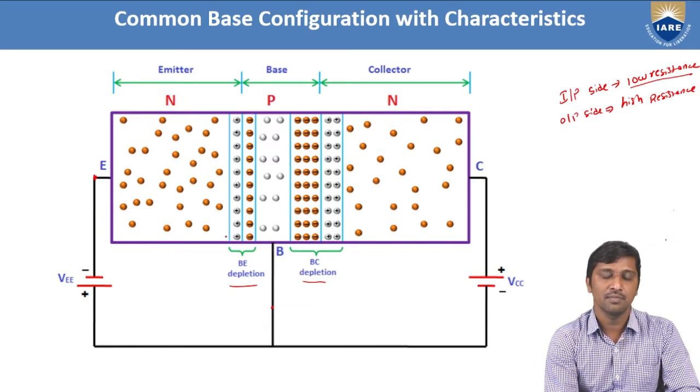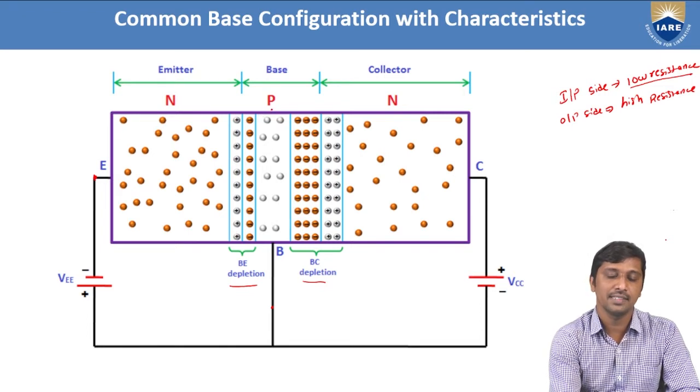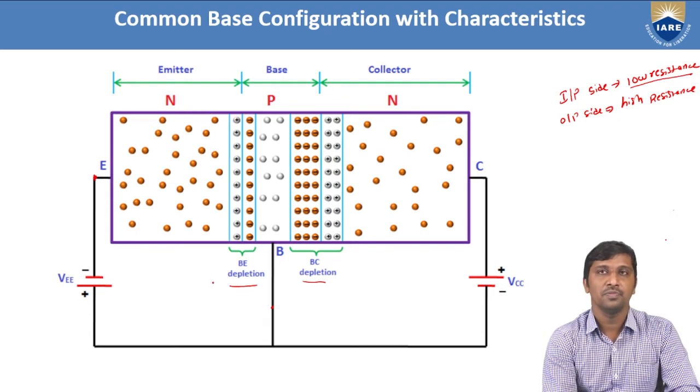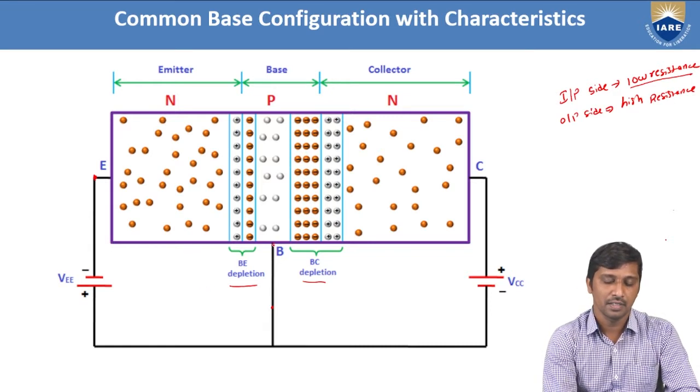If you consider the input side junction here, the base material is P and the emitter material is N type. Now, between the emitter and the base, we need to offer a forward bias condition. Hence, the base is connected to the positive pole of the battery. Why?